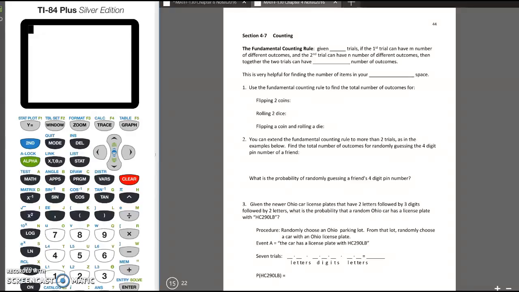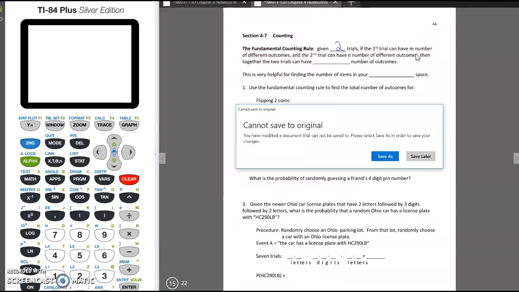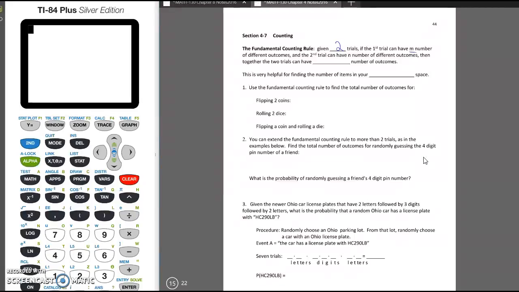Okay, we're going to start off our section on counting, learning the fundamental rule of counting. So the fundamental rule of counting says given two trials, if the first trial can have m number of different outcomes, and the second trial can have n different outcomes, then together the two trials have m times n number of outcomes.